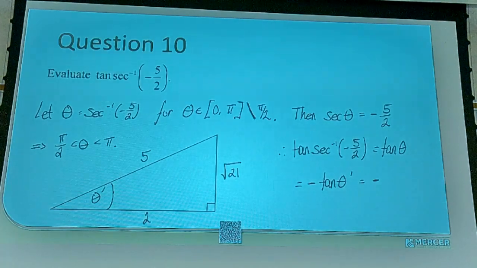So it would be square root of 21 over 2. Negative root 21 over 2 is our simplification. See that? Tying everything we've done over the past couple weeks together.